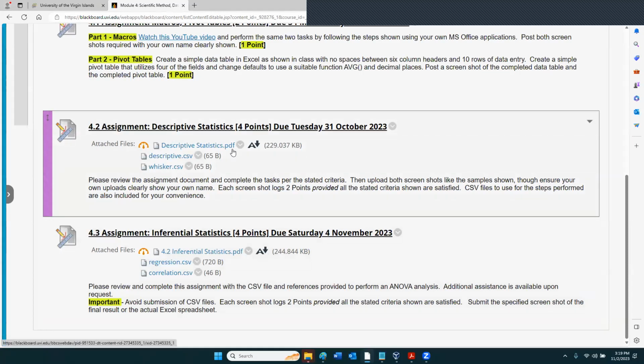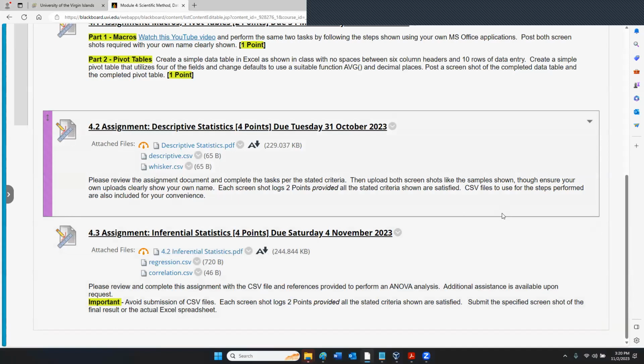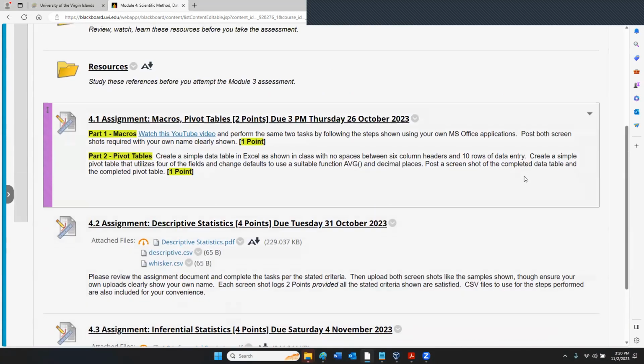The descriptive statistics assignment and the inferential statistics assignment are each worth 8 points. So the two of them are worth more than your assessment. And I just wanted to be sure that everyone was aware of that and that you took quality time to do that.